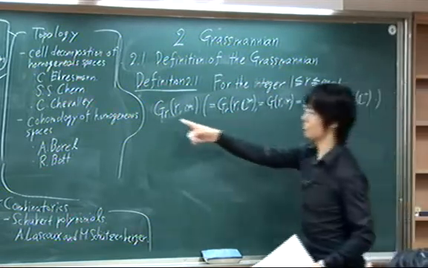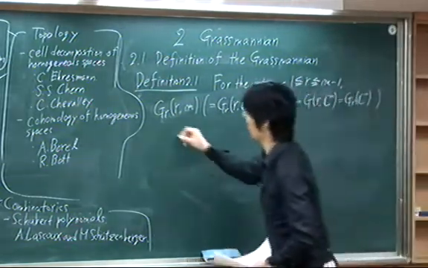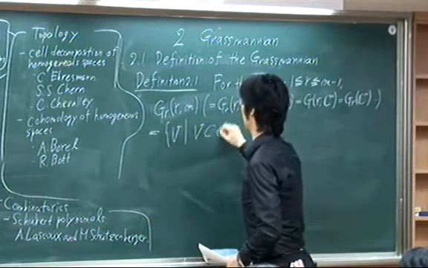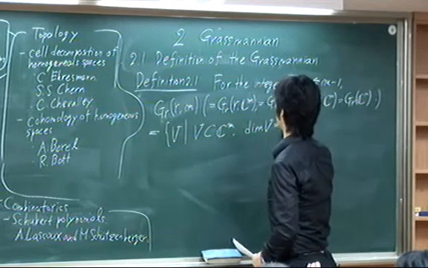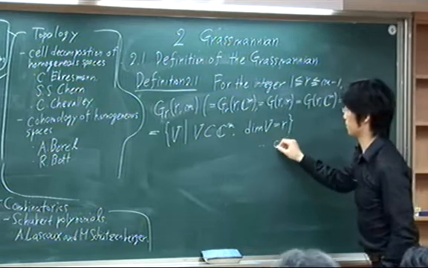In this lecture, we denote it Gr(r, n). It's the set of r-dimensional subspaces, which is the complex Grassmannian.